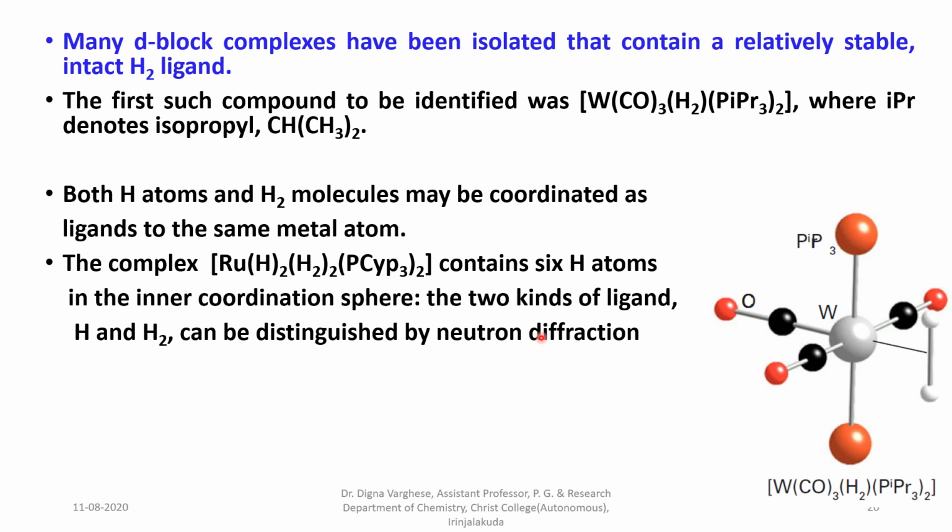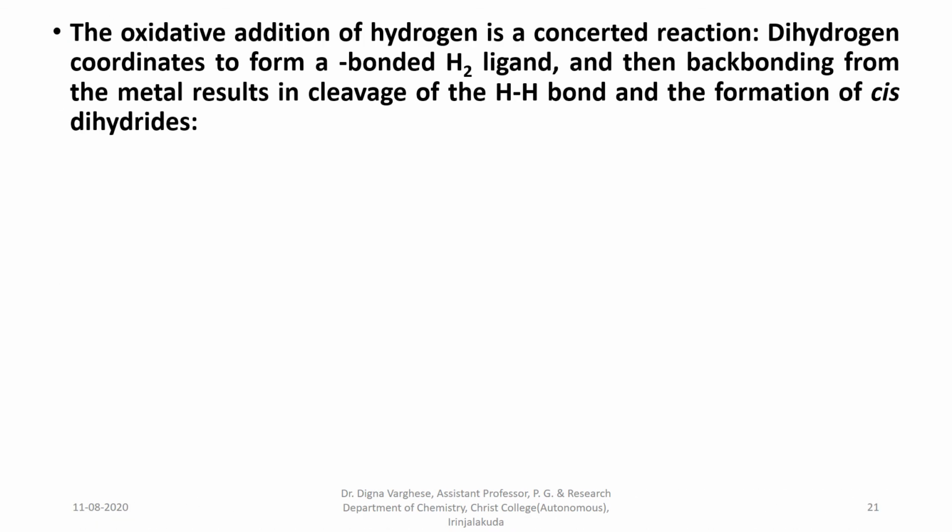These are for the non-polar molecule added to the metal compounds. The oxidative addition of hydrogen is a concerted reaction that we have seen already. Dihydrogen coordinates to form a bonded hydrogen ligand, and then back bonding from the metal results in cleavage of the hydrogen-hydrogen bond and the formation of cis dihydrides.